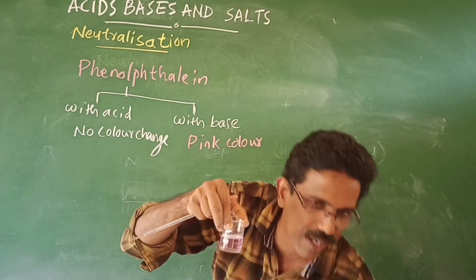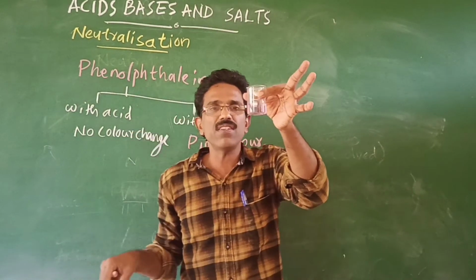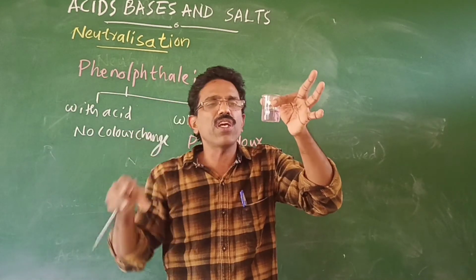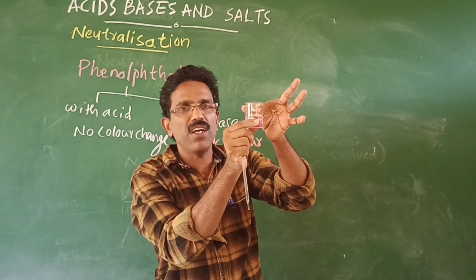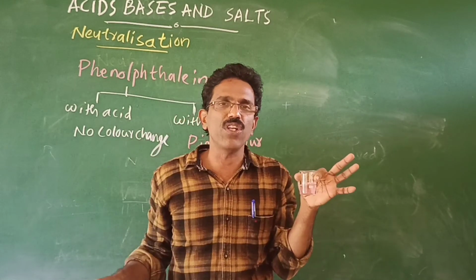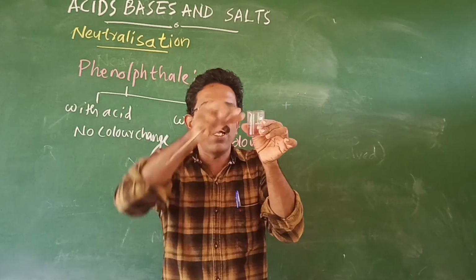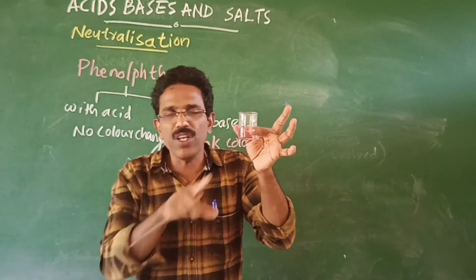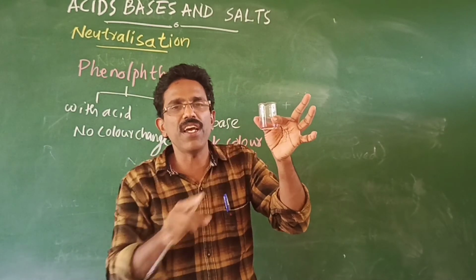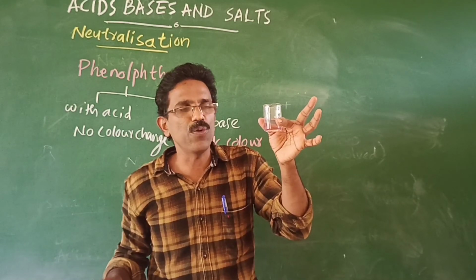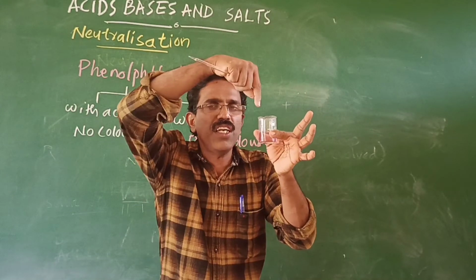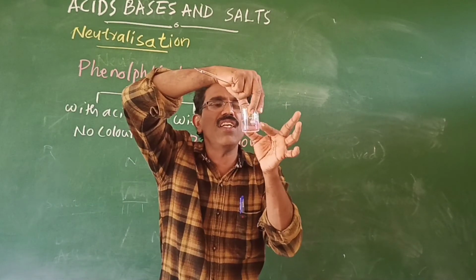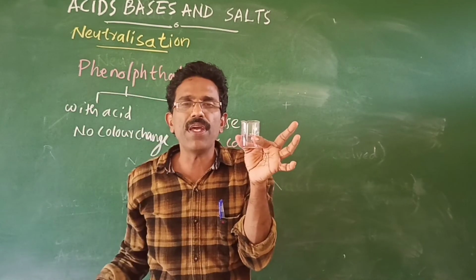At this moment all the hydrochloric acid molecules present here have reacted with sodium hydroxide, and this beaker gets slightly heated up. During this chemical reaction, heat energy is also produced. That heat energy heats the reaction mixture and we can feel that heat on the sides of the beaker.